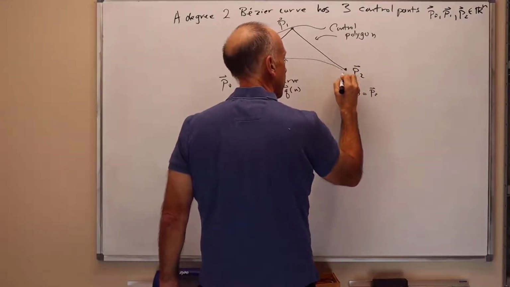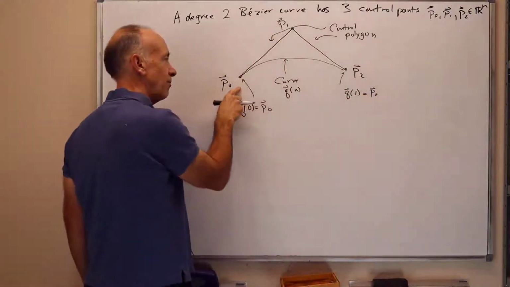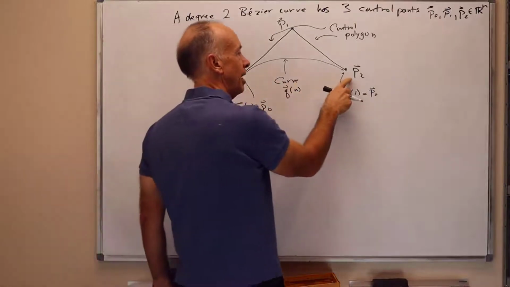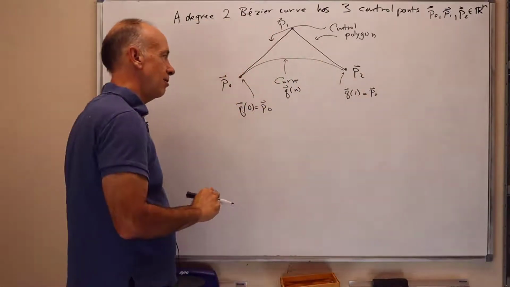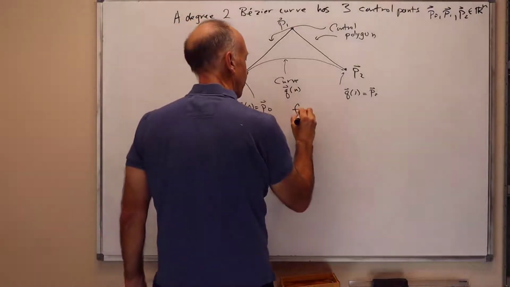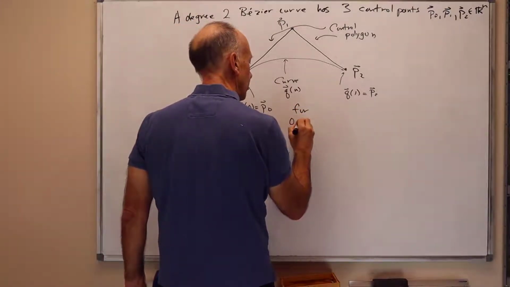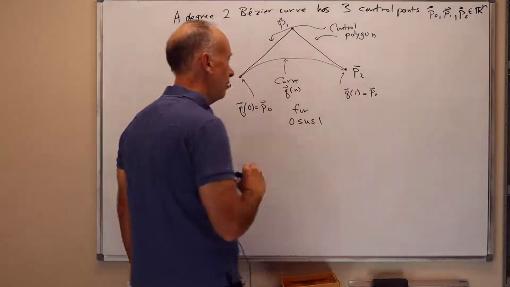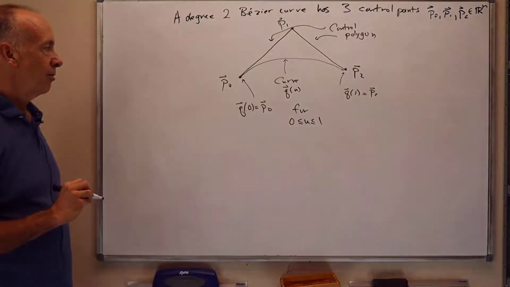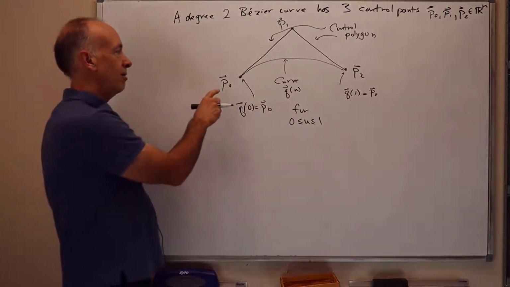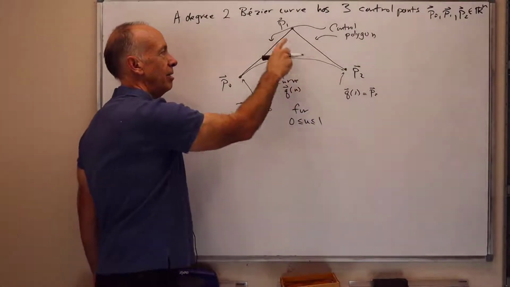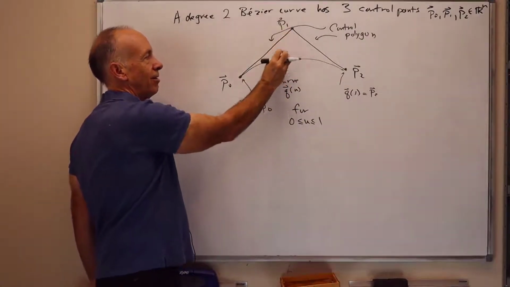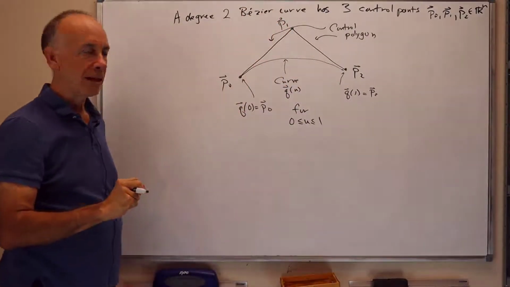So in other words, it starts at the first control point, P0, it ends at the last control point, P2, and the curve is happening for u in the range 0 to 1. We trace out a curve that looks something like this. So it starts at P0, it ends at P2. In the middle, essentially think of the curve being pulled towards P1.